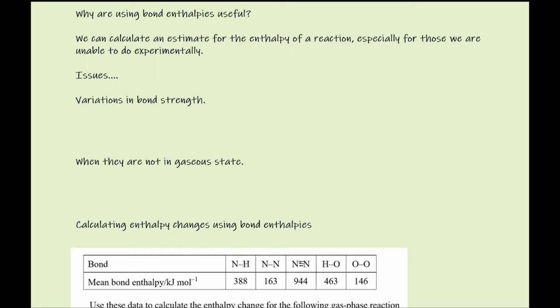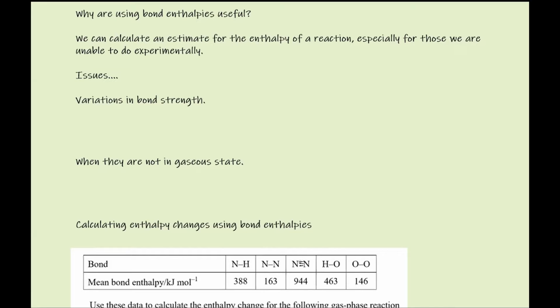But we can also use bond enthalpies. Now, because it is a mean bond enthalpy, that means it's an estimate, an approximation. So as it says here, we can calculate an estimate for the enthalpy change of a reaction, especially for those we are unable to do experimentally. So it's quite useful. It's in fact very useful for us, especially if it's a reaction we can't do.